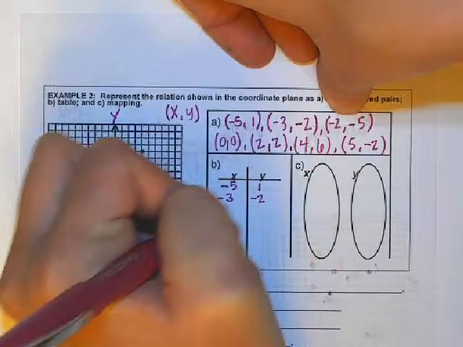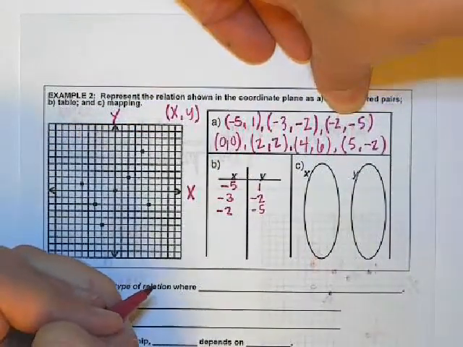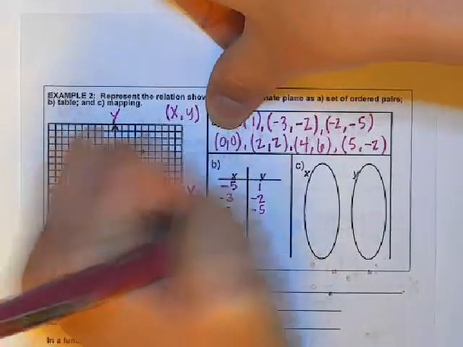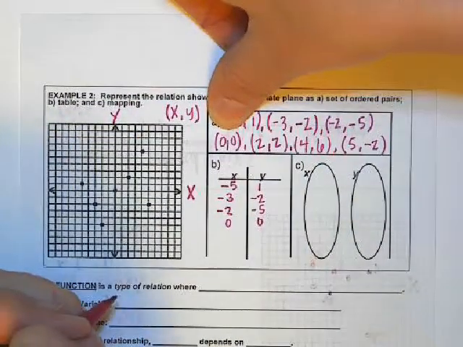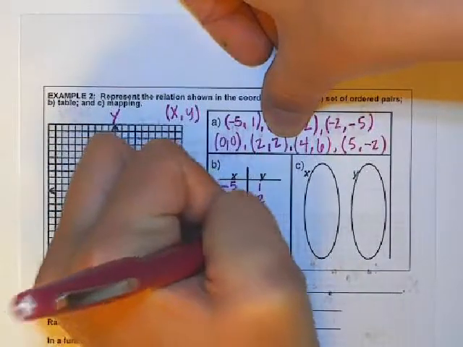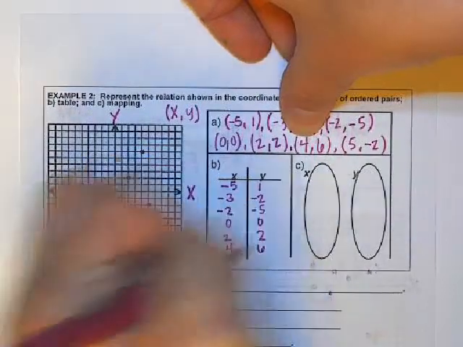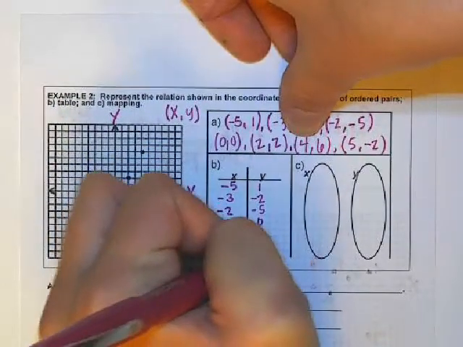Negative 2, negative 5, 0, 0, which is the origin. Then I've got 2, 2, 4, 6, 5, negative 2.